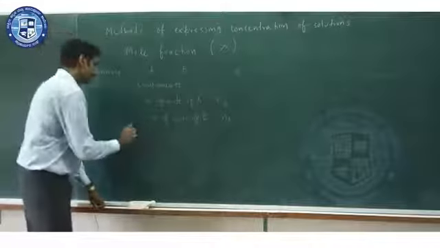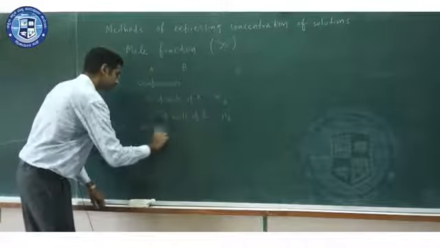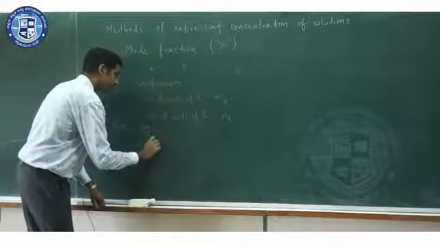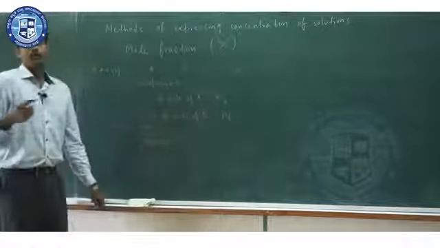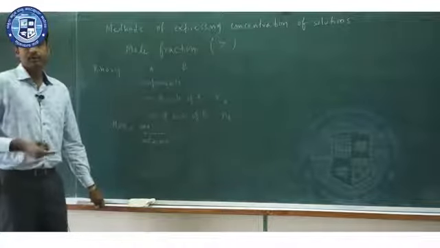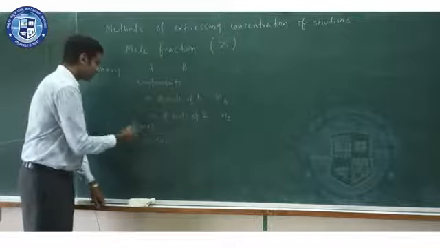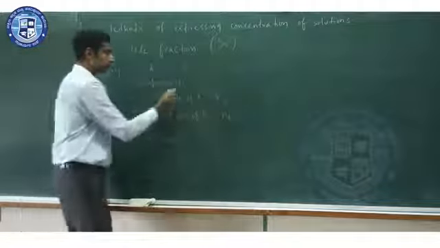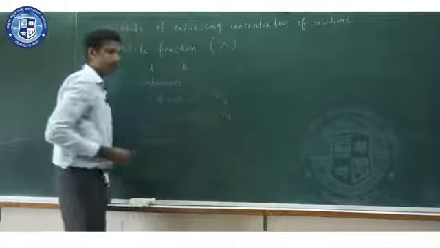So mole can be expressed in terms of mass divided by molar mass. So 1 gram mole of the substance will be equivalent to the molar mass. Mass by molar mass will give me number of moles, and I have expressed the number of moles of A and B in this particular way.